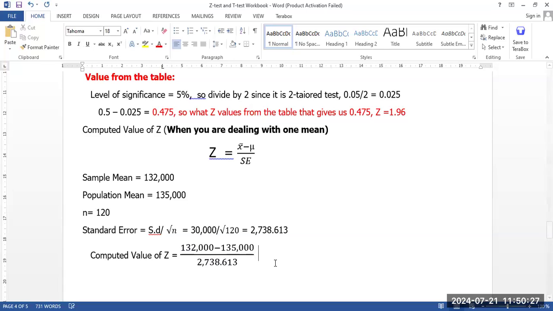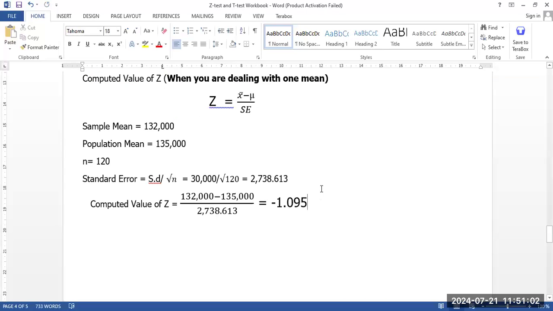Finally, what do you get? Negative 1.095. Negative 1.095, like this? Yes. Okay, so this is negative.